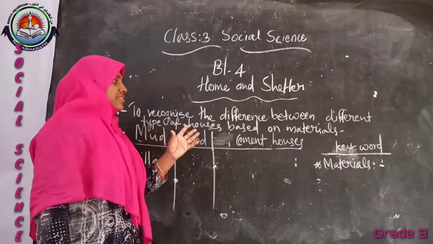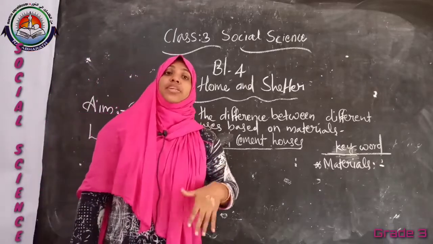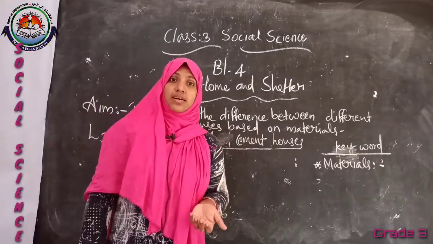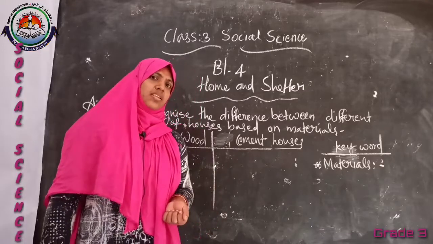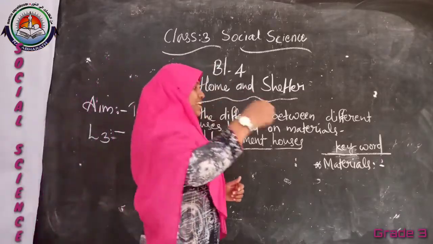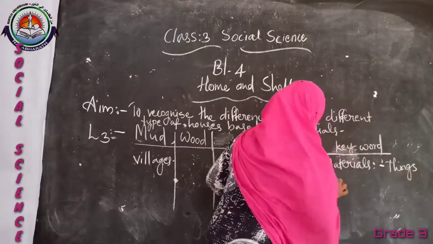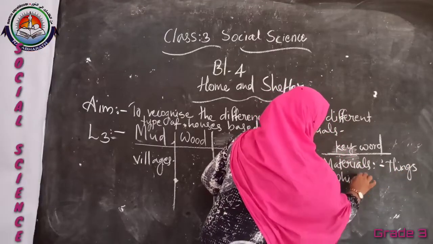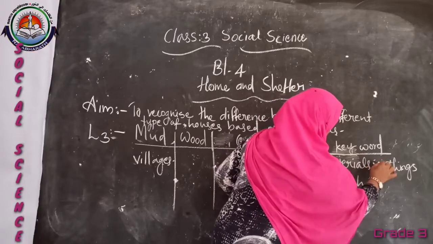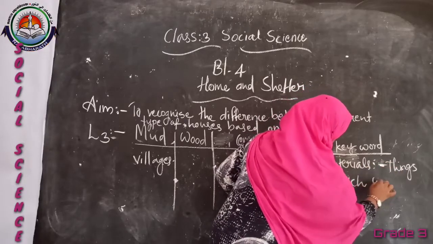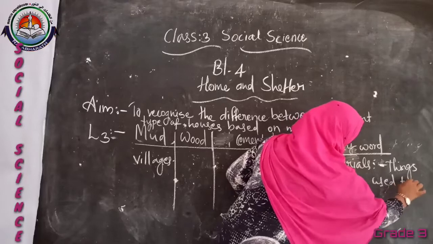We have discussed that different type of materials are used to make houses. What is material? Materials means the things which are used to make a house.